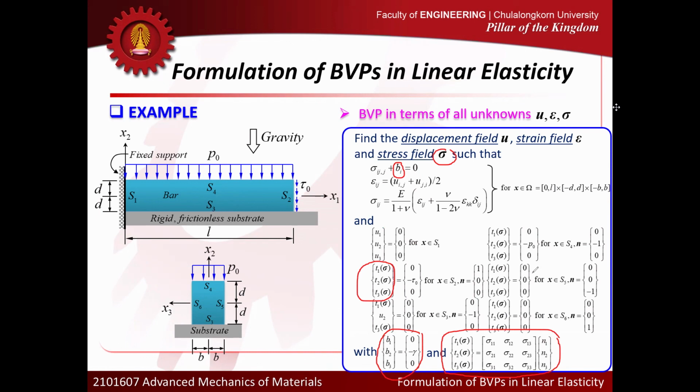If you don't have these two pieces of information, the formulation here is not complete. Do you have any question about this part? I expect to see the solution that you are doing now in homework assignment 1, because I asked you to formulate the boundary value problem using all unknowns like this as well.